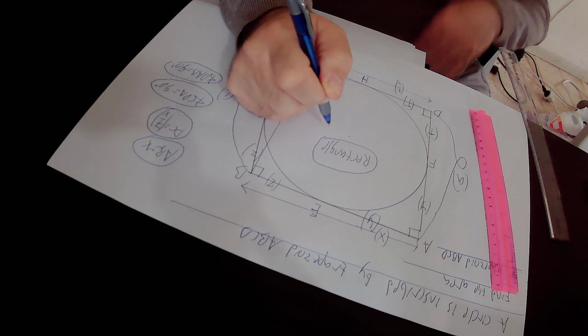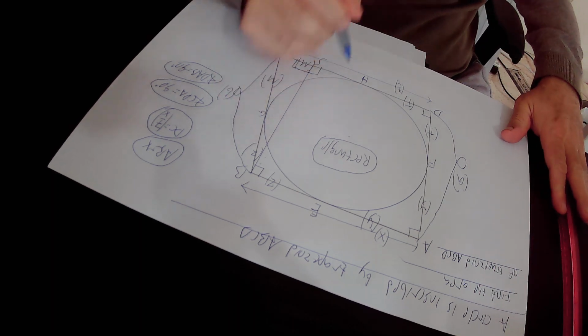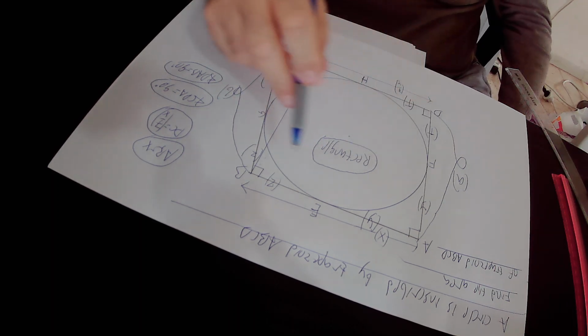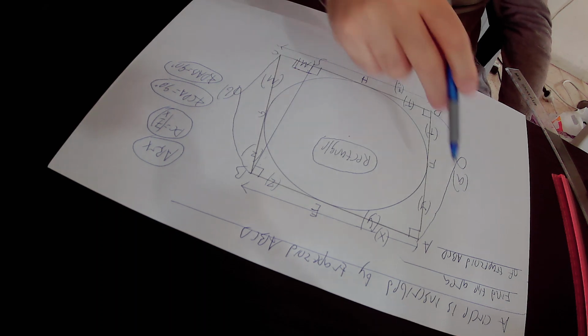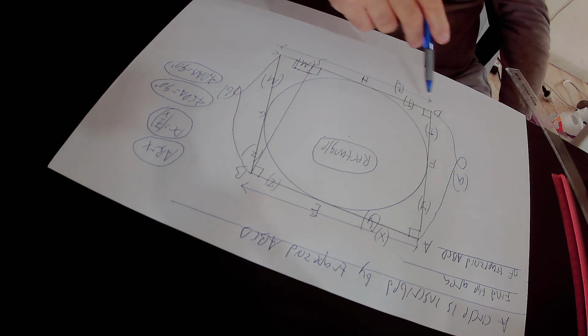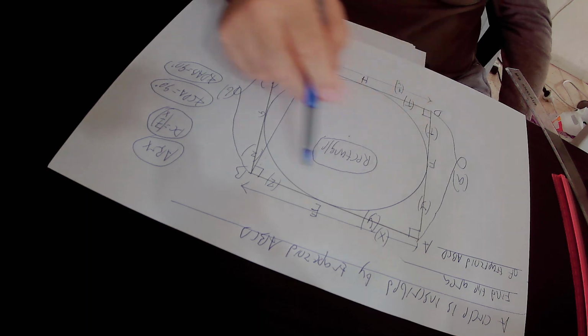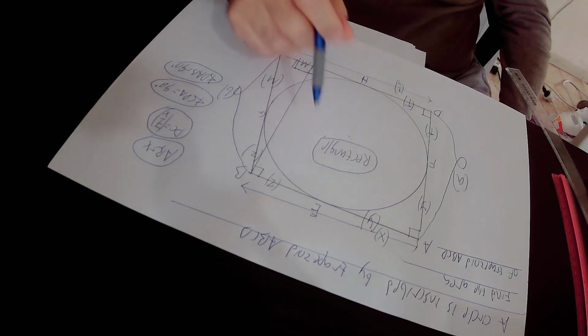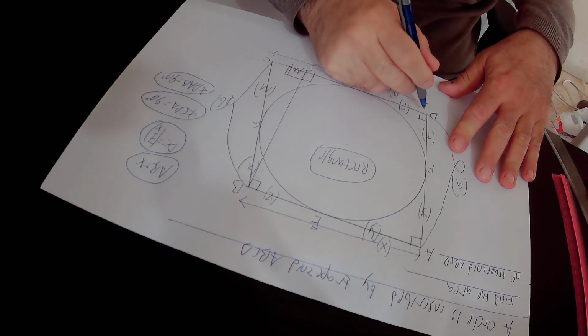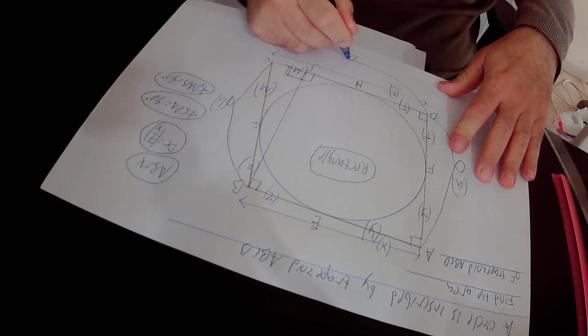We also know that the opposite sides of a rectangle are equal to each other. So in rectangle ABSD, side AB must be equal to the opposite side DS. But AB equals X, according to what is given. Therefore, DS must also be equal to X.